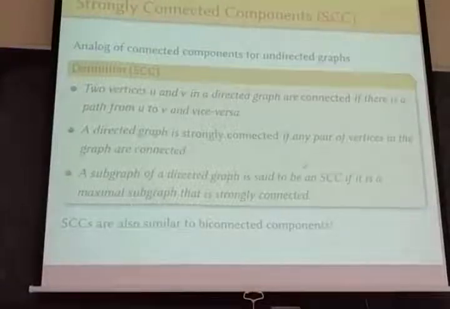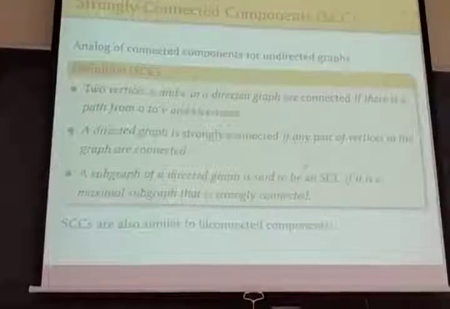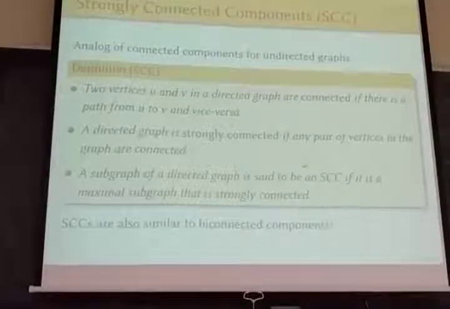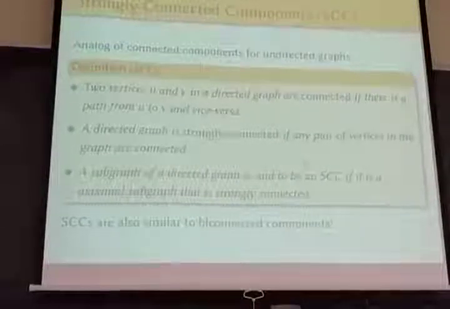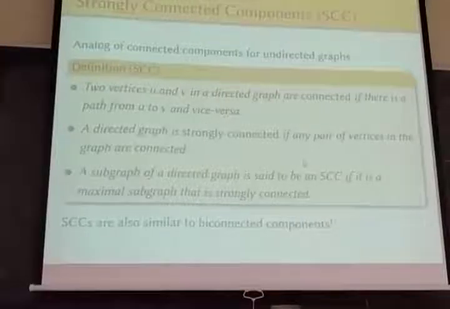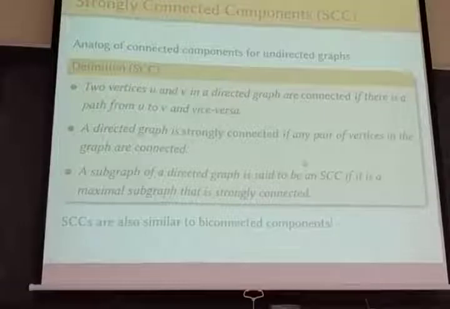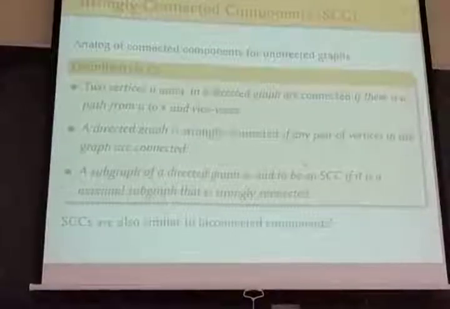So in order to call this graph connected in a directed setting, you have to have a way to go from u to v and v to u, right? So for every pair of vertices in a directed graph, to call that graph connected, you need to be able to go from any vertex u to another vertex v, and then back from v to u.